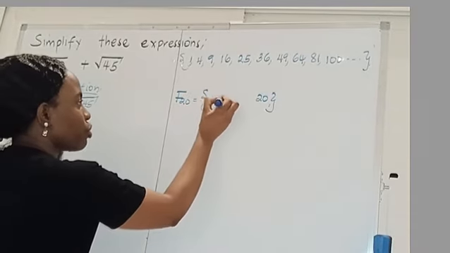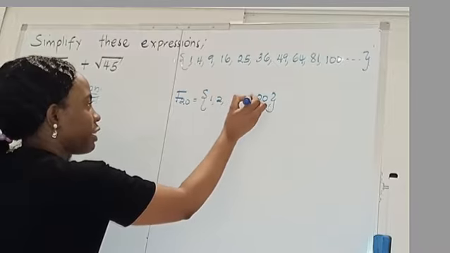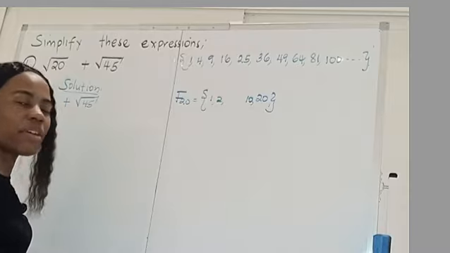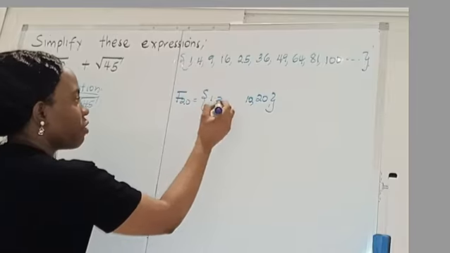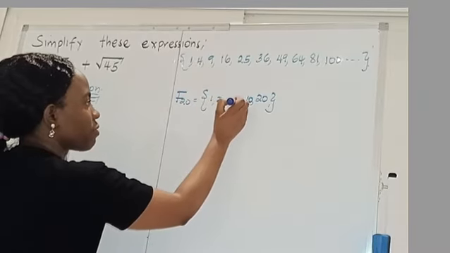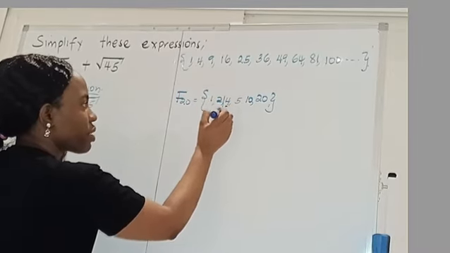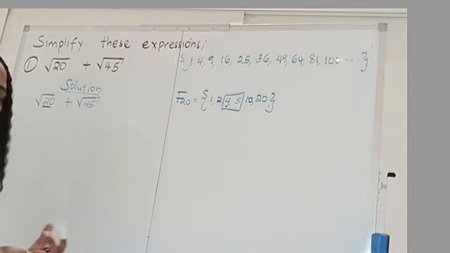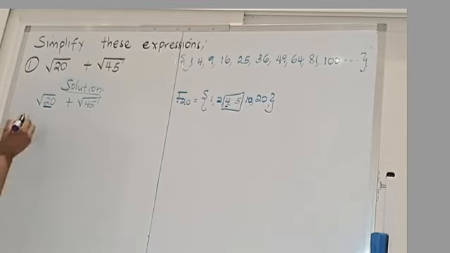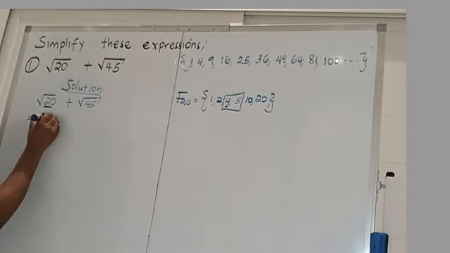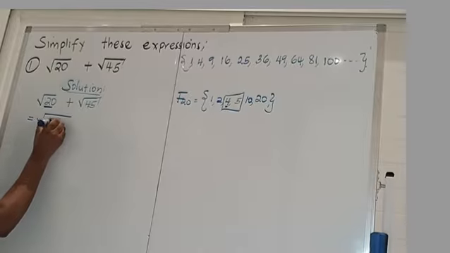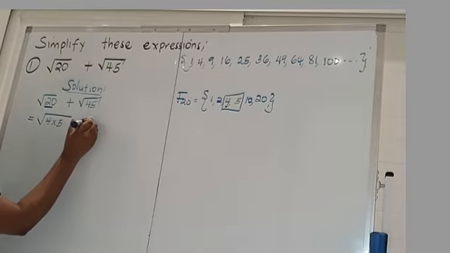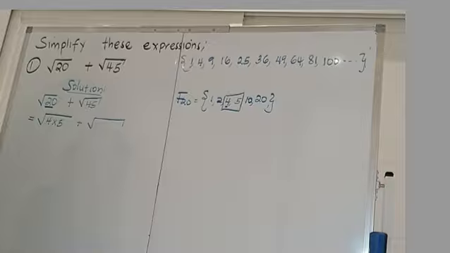Next is 2 times 10, and 10 is not a perfect square. Then we have 4 times 5. 4 is a perfect square, so let me take these two, 4 and 5. When I multiply 4 and 5, I get 20. So we are going to replace 20 by 4 times 5, plus factors of 45.